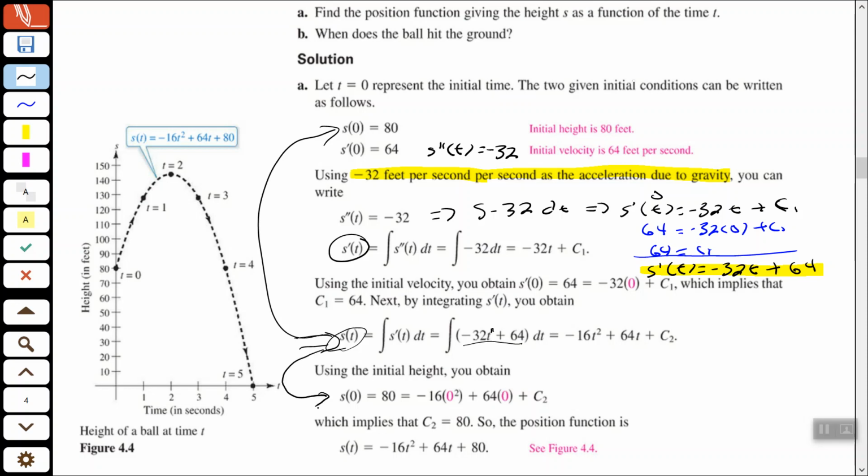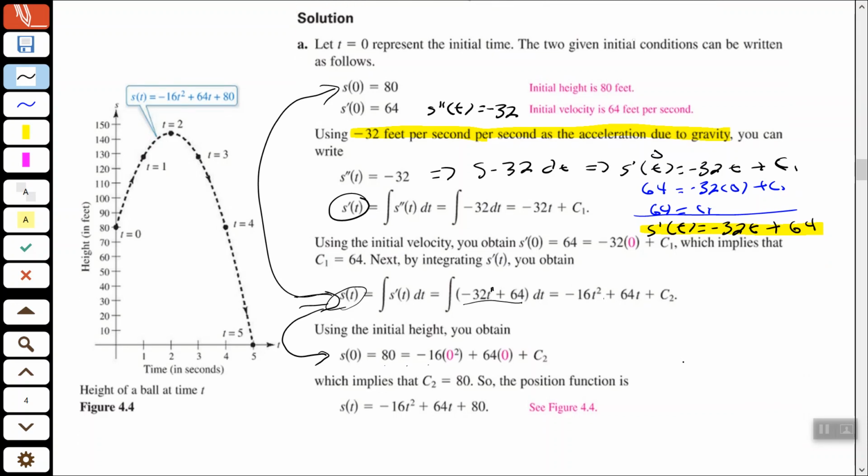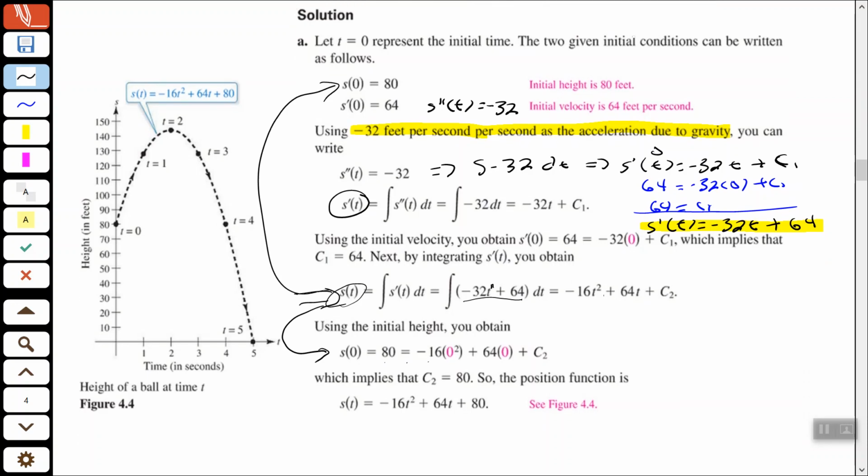Using that initial height, s of 0 equals 80, we let 80 equal negative 16 times 0 squared plus 64 times 0 plus c sub 2. So c sub 2 equals 80. Now we can take that 80, plug it back in here, and we will have our position function. S of t equals negative 16t squared plus 64t plus 80.